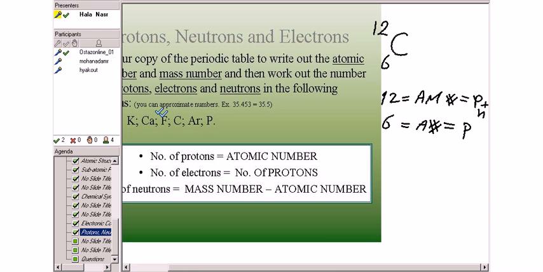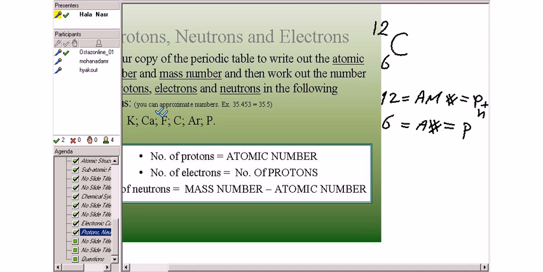Okay, very good. Now, based on this, can you tell me how many electrons are here in this carbon? We said that electrons are equal to the number of protons. Why, Ahmed? Because the atom is neutral.